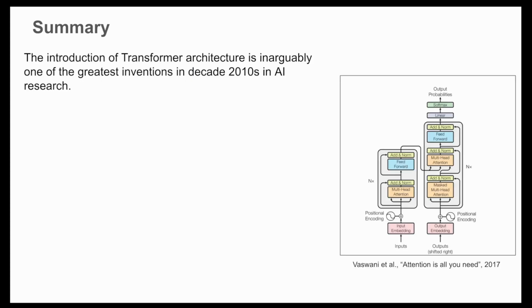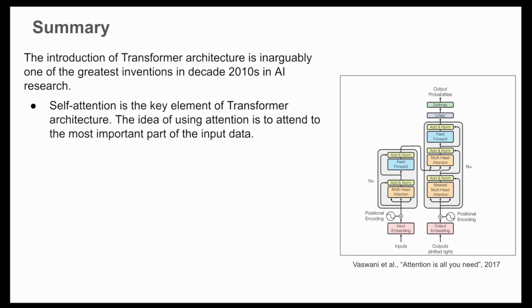So let's summarize all we have seen. We've been looking at the transformer, we've been learning the transformer architecture. Transformer is inarguably one of the greatest inventions in the last decade in AI research and maybe in computer science as a whole. Self-attention is the key element of the transformer architecture. The idea of using attention is to give the network the ability to attend to the most important parts of the input data.